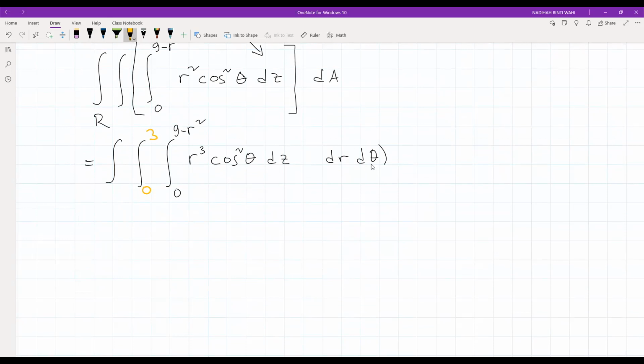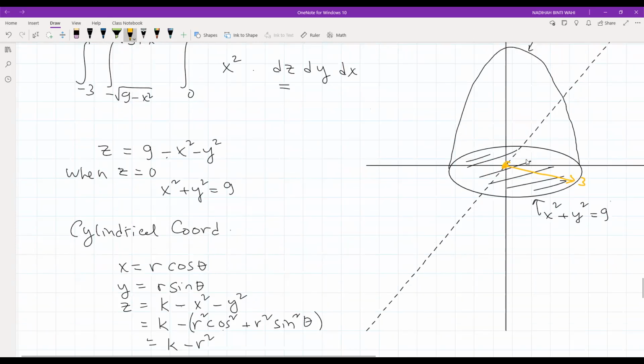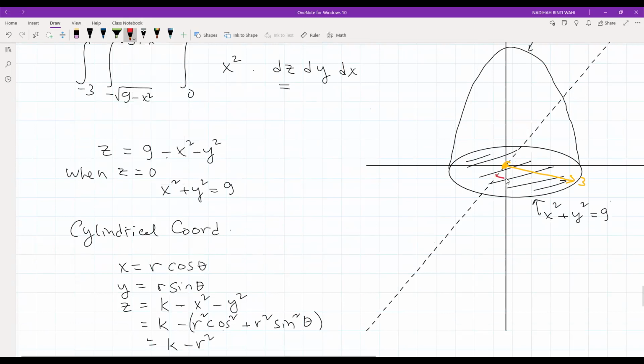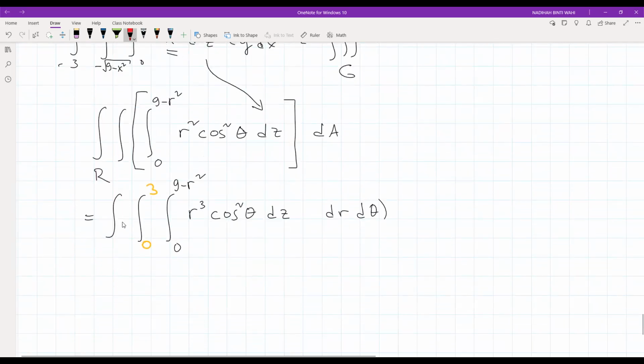And then how about the theta? Theta is just the angle starting from this line, this position, until that position. So it means that it goes from 0 to 2 pi.